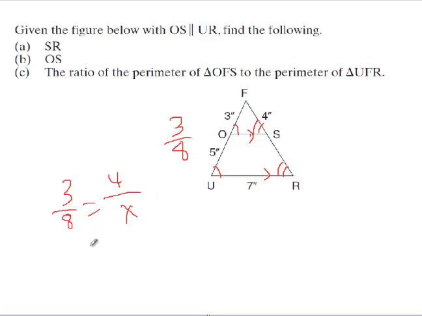Let's multiply it out. 3 times x is 3x. 8 times 4 is 32. And x is going to be 32 thirds, or we'll call it 10 and 2 thirds, or 10.666. So this whole side is 10.666, which means this area over here is going to be 6.66.